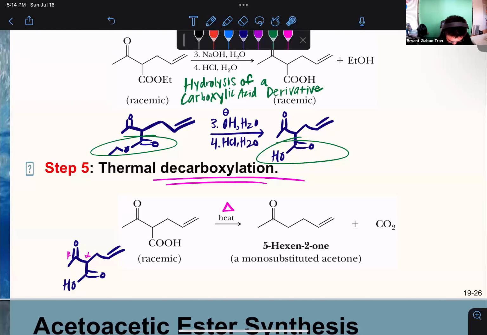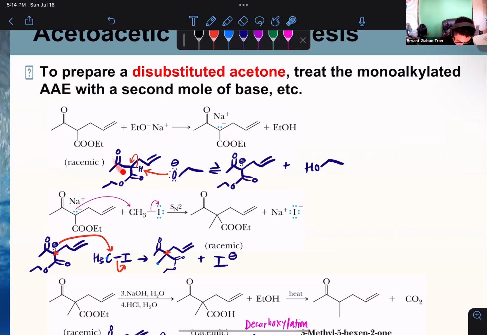So now let's move on to the disubstituted acetone. We start with the monosubstituted intermediate before we did the saponification step, which is this over here. We start with that, and then we do the exact same thing.